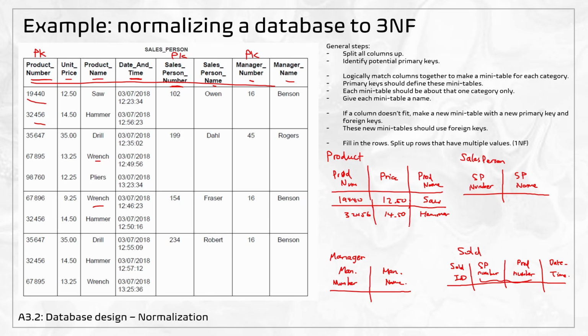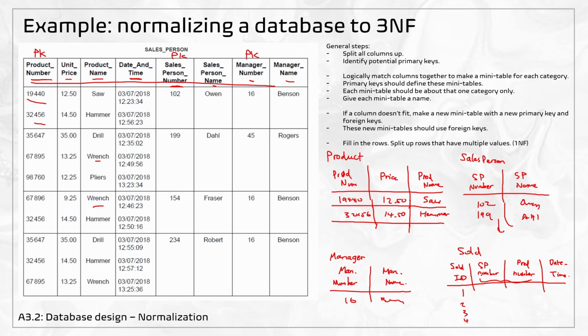And yeah, you can just continue filling this in an exam condition. Salesperson, we can also do the same thing. Let's do 102 Owen, 199 Dahl, and so on. You can just keep going like this. The manager, same thing. We can do 16 Benson, and here we can do this because sold ID isn't defined here. We can start with 1 and just keep incrementing as we go down.